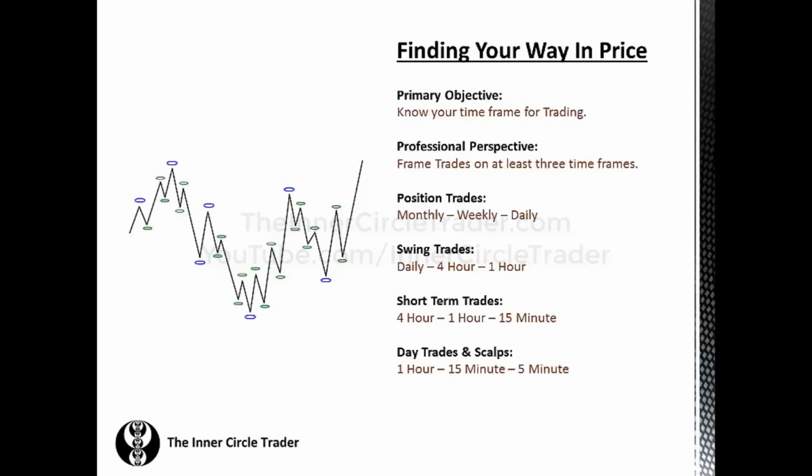I'm not going to cover that here, but if you are that type of trader, the 3 time frames that you would utilize to break down market structure for your particular market would be the monthly, the weekly, and the daily. Monthly being your highest time frame, your weekly being your mid-level time frame, and then you have your daily. That would be your short term.